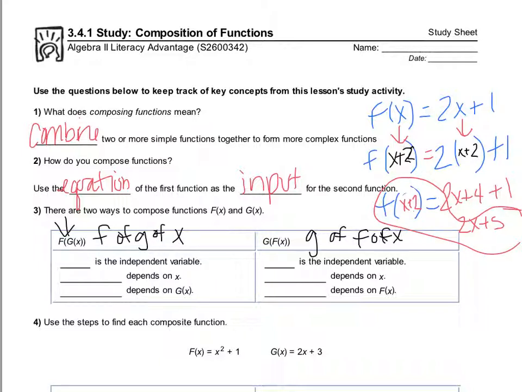In this case, x is the independent variable, g depends on x, and then f depends on g of x. And in the other example, g of f of x, x is the independent variable, f depends on x, and g depends on f of x.